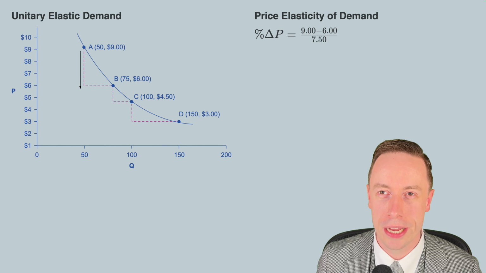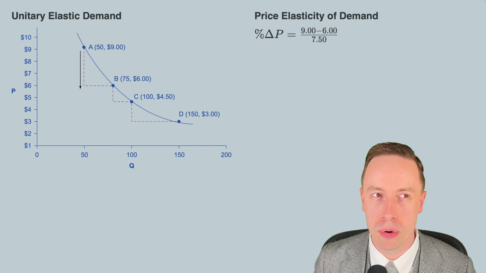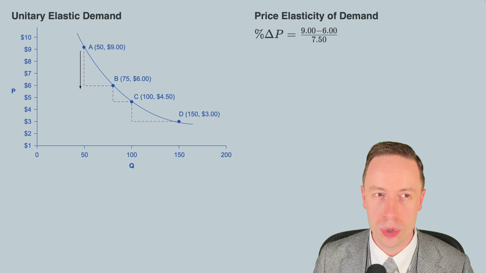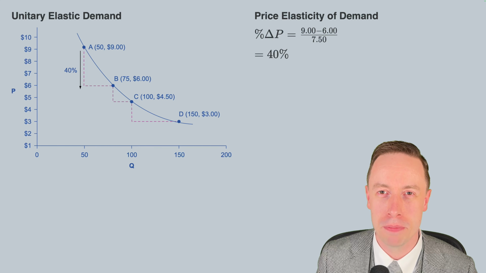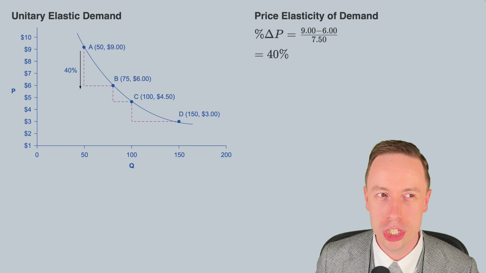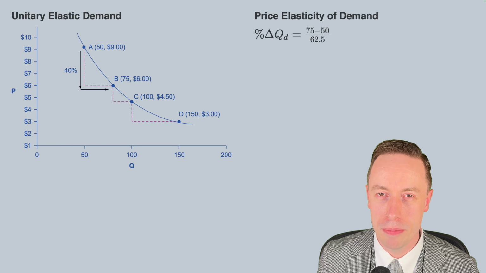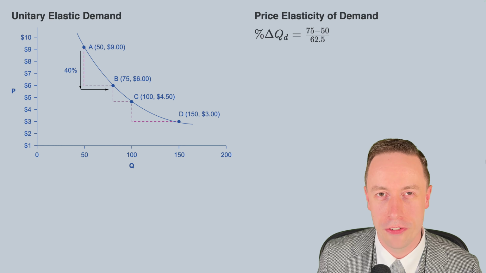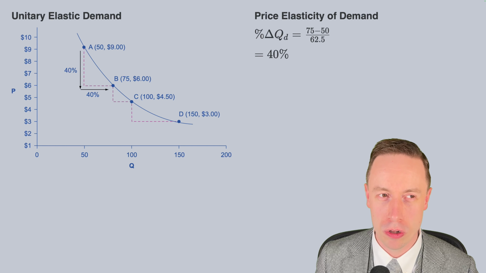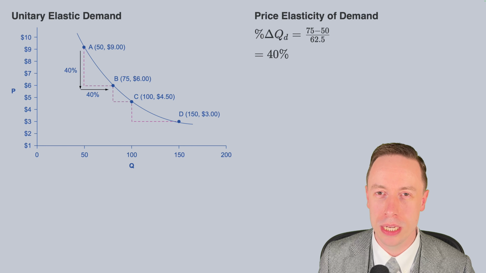So starting at point A, traveling down on the price axis, we have a $3 change in price divided by a $7.50 midpoint. That's a 40% change. And at the same time, advancing from a 50 quantity to a 75 divided by the middle, also a 40% increase.